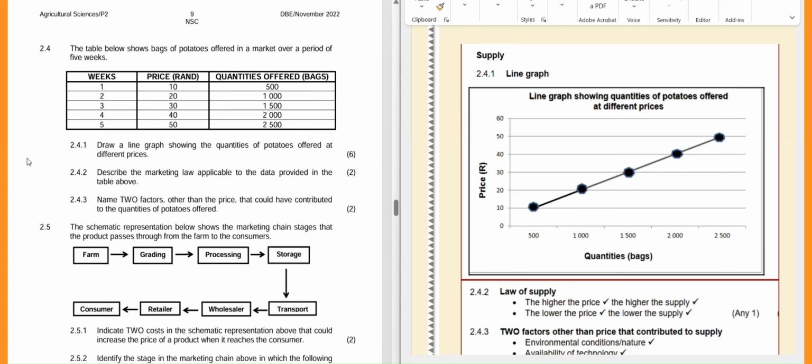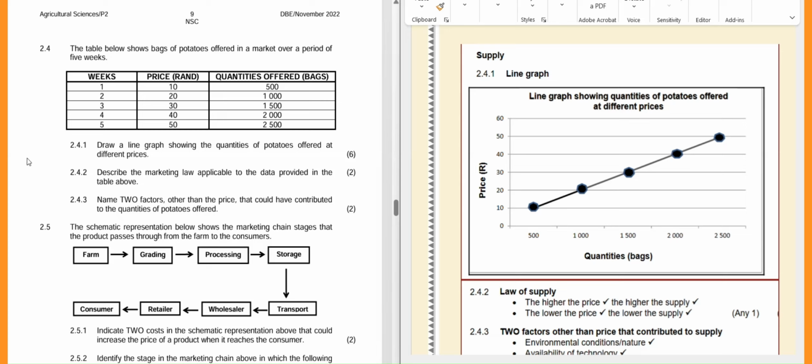Meaning we expect to see the supply curve, because here we're dealing with the quantities of potatoes offered, supplied at the market at different prices. Supplied, offered.